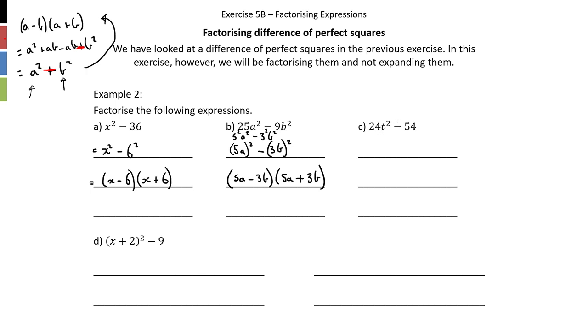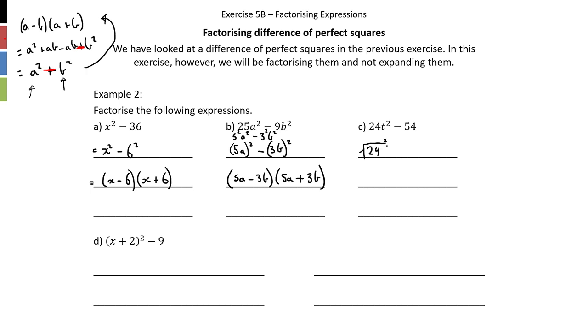24t squared minus 54. Ooh, how do we do this? How do we do this? We can still write 24 in the form of a square. Doesn't look obvious straight away, but I'll show you how. Right now we can write 24. If we take the square root of it and square it, square root and the square cancel out.